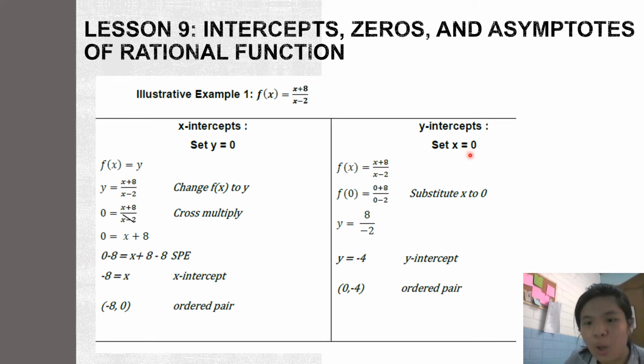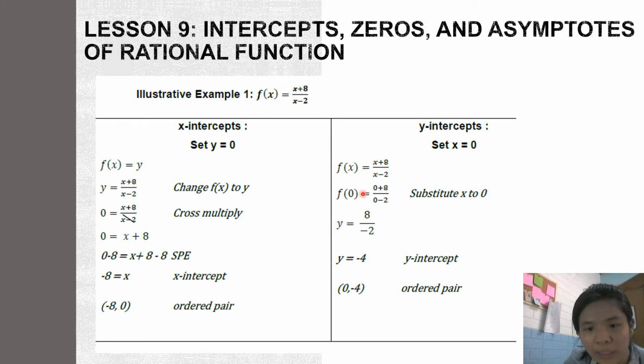Sabi ko nga kanina, y-intercept is the value of y when x equals 0. So, meaning, yung isa-substitute naman natin dito is yung value ng x as 0. So, we have f of x equals x plus 8 over x minus 2. So, we change the value of x. So, dito na tayo sa original equation. We change the value of x by 0.